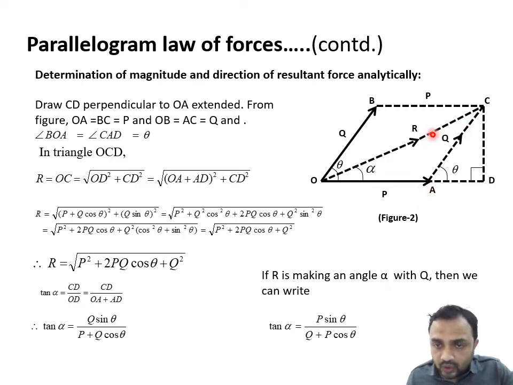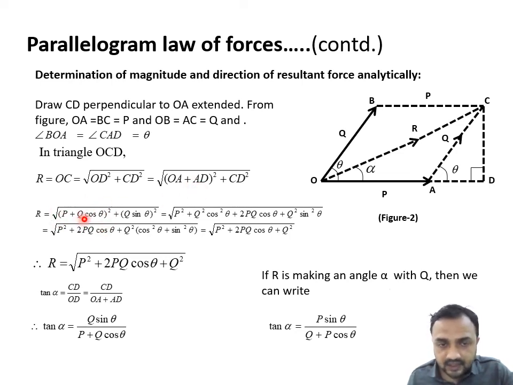AC is equal to Q. So cos theta equals AD divided by Q. So AD is equal to Q cos theta. In place of AD we write Q cos theta.